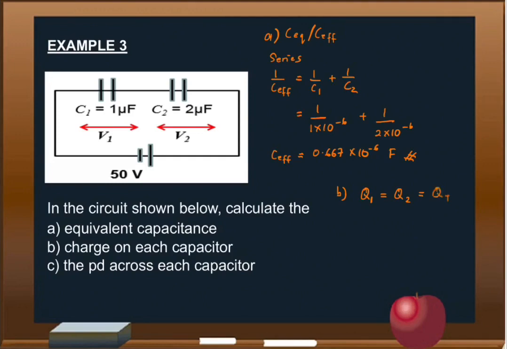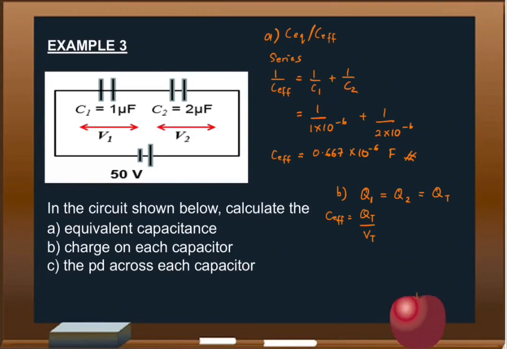To find QT, you have to use the formula of capacitance, which is C equals Q over V. You just change the formula to be in the form of C effective equal to the total charge over the total voltage.